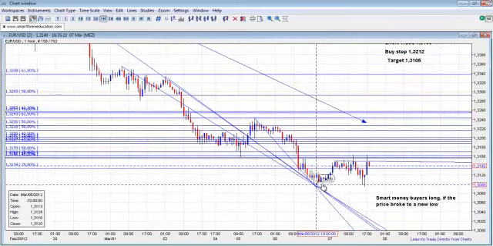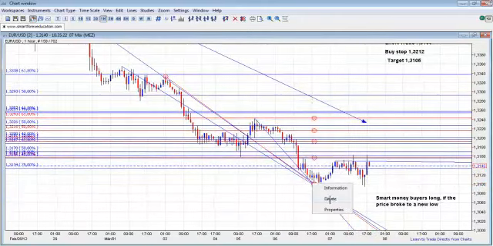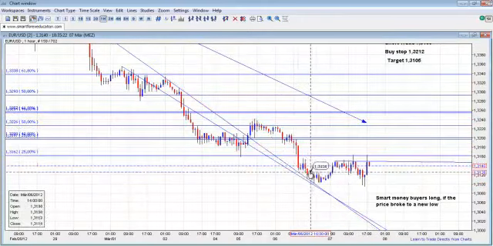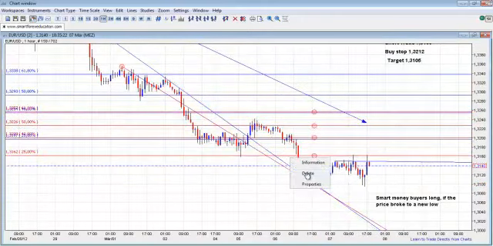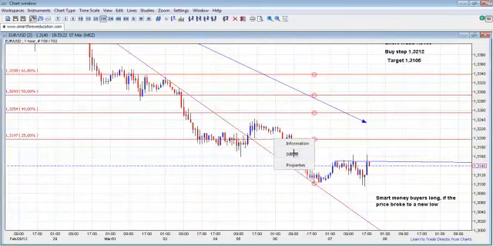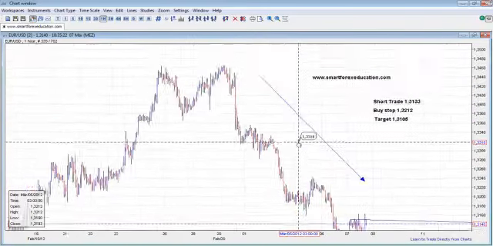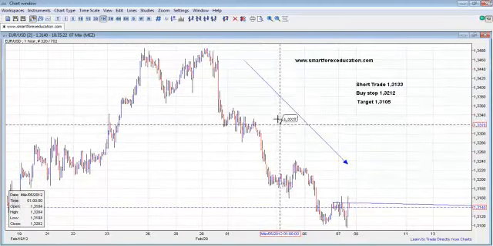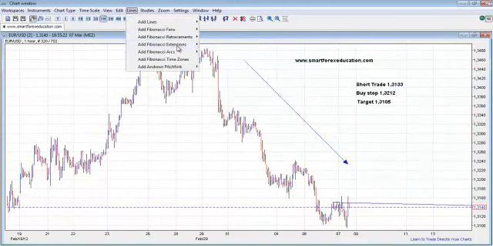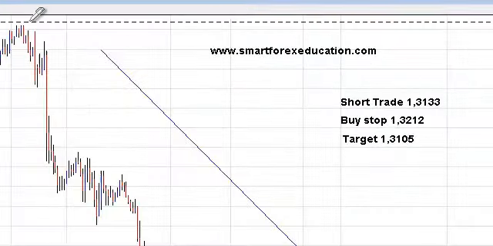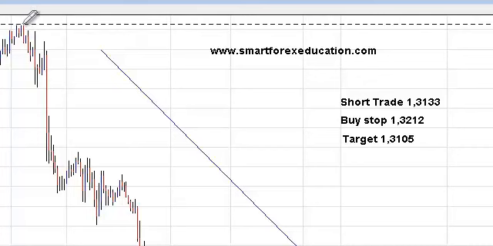So what I did here as a target, if I can just delete some of these levels, guys. As a target, I literally went to lines, extensions. Now I'm using extension or Fibonacci in this specific scenario setup.